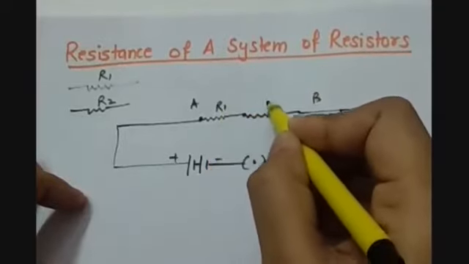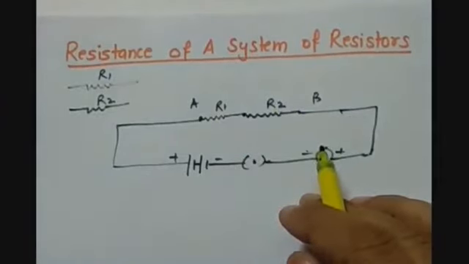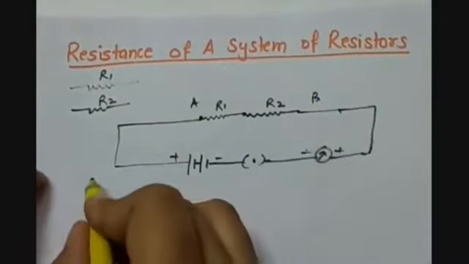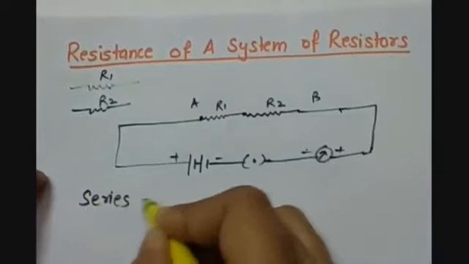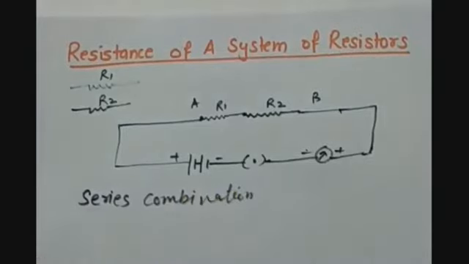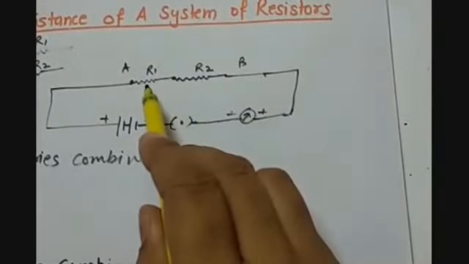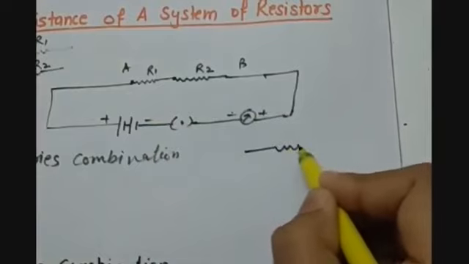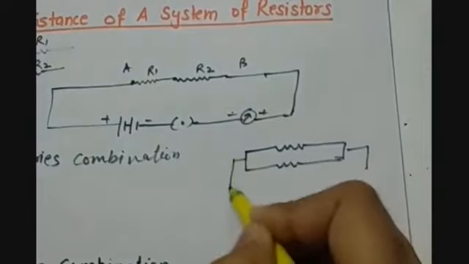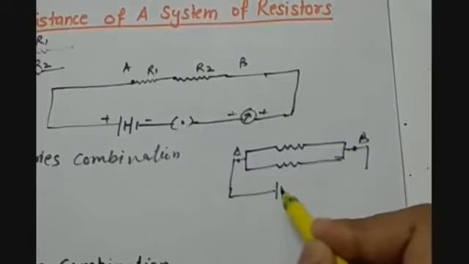So here we have R1 and R2. This is called series connection of resistors, and this system of resistors is called series combination. Another arrangement can be, instead of connecting them like this, we can connect them like this, and then these will be our two points A and B, and the rest of the circuit will be the same.